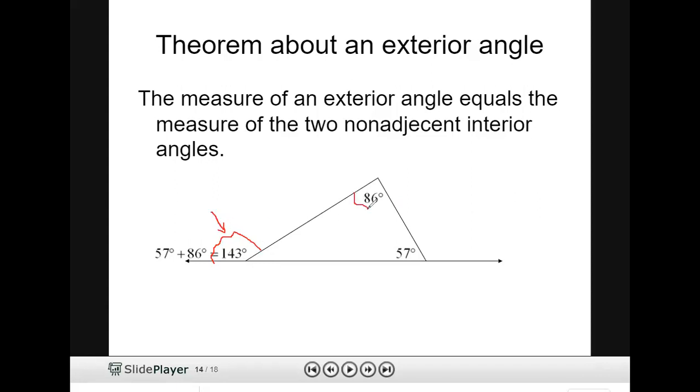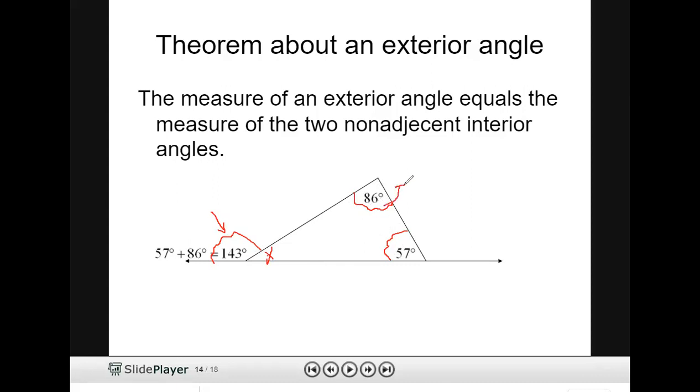equals the sum of the two non-adjacent interior angles, because this angle and this angle together are adjacent, but we do not care about the adjacent one, and we look at the two non-adjacent angles.